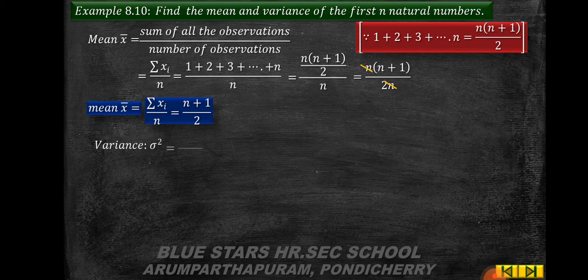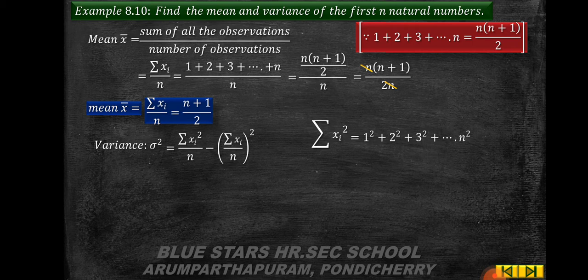Next, you have to find the variance. Variance sigma square is equal to summation xi square by n minus summation xi by n the whole square. So summation xi square is equal to 1 square plus 2 square plus 3 square plus etc. up to n square. We know the formula for this also. So n into n plus 1, 2n plus 1 by 6.